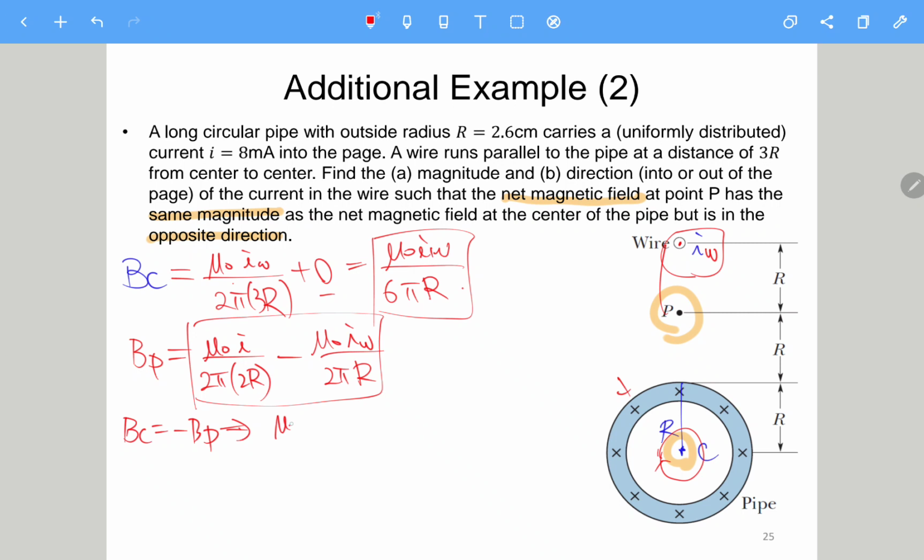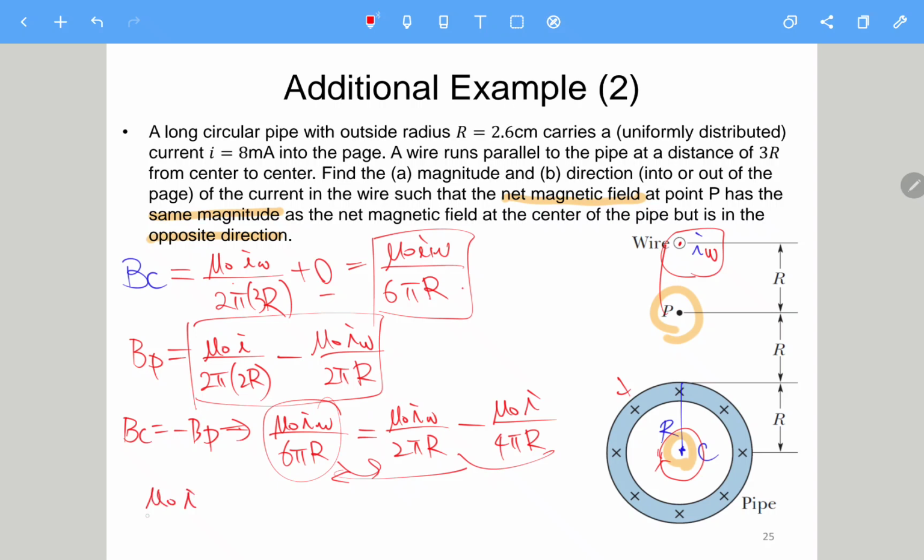Then we have mu0 IW over 6 pi R equals negative, so it becomes mu0 IW over 2 pi R minus mu0 I over 4 pi R. Then we can do some cancellation. We move this term to the left side.